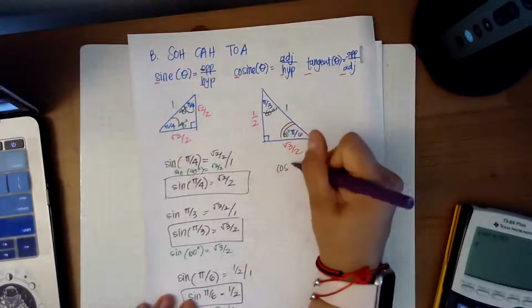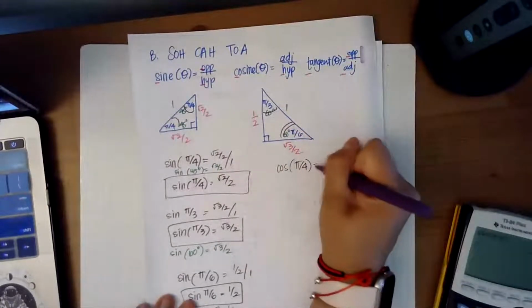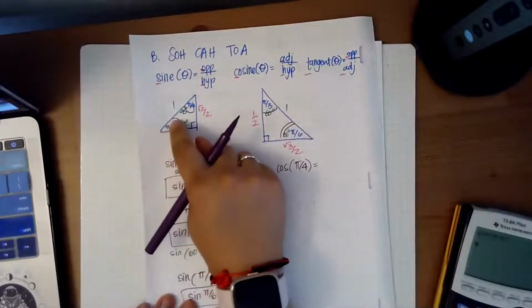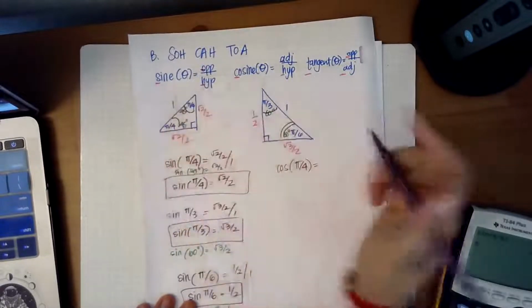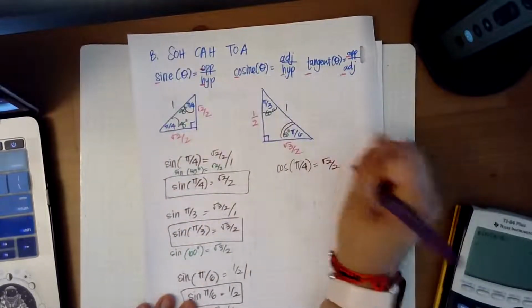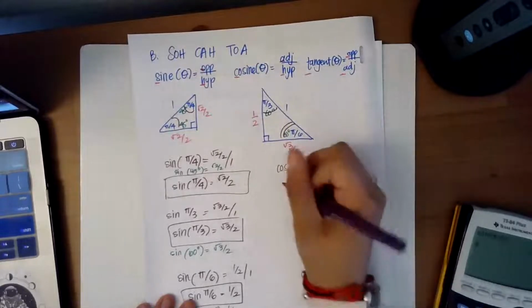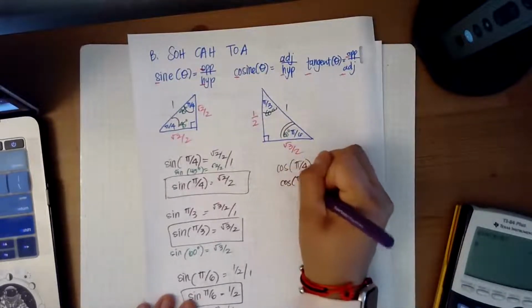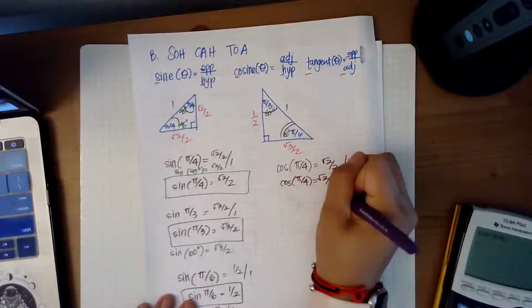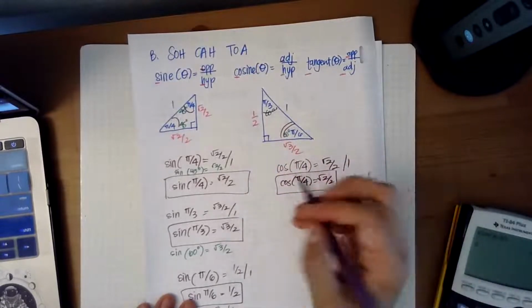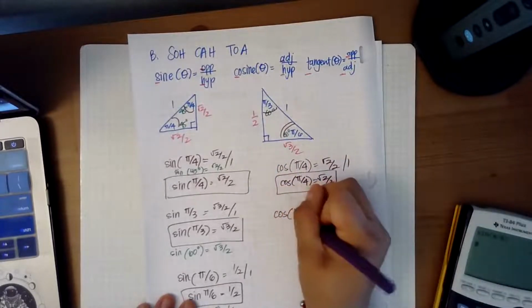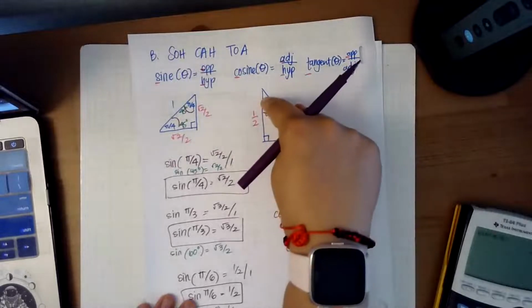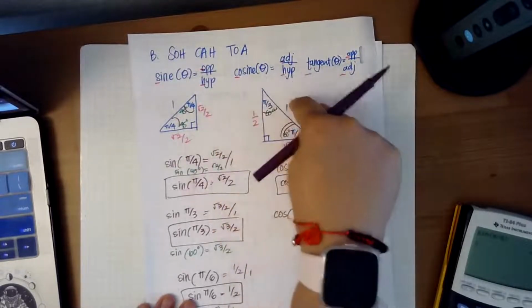So I have cosine of pi over 4. So pi over 4, now I'm going adjacent over hypotenuse. Radical 2 over 2 divided by 1. So I know that cosine of pi over 4 is equal to radical 2 over 2. Let's do cosine of pi over 3. Pi over 3, now cosine means adjacent over hypotenuse.